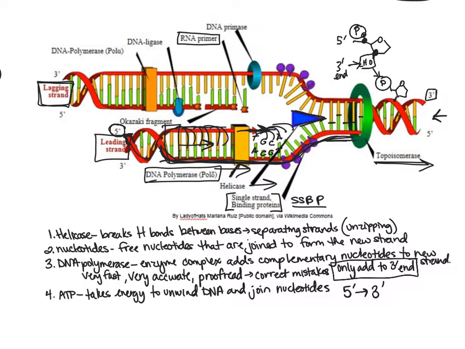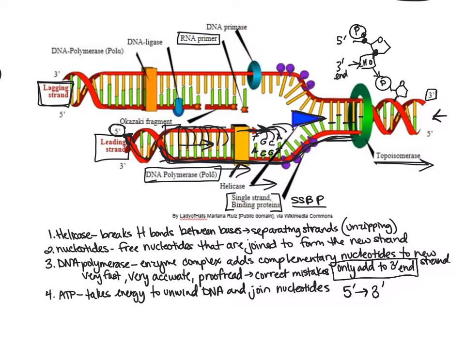So when we're looking at the strand of DNA and we're looking at our sugar phosphate backbone, this end is the 3', this end is the 5'. And so when we're looking at the DNA as a whole, not just one single molecule, then what we see is that there's a 5' end and a 3' end.